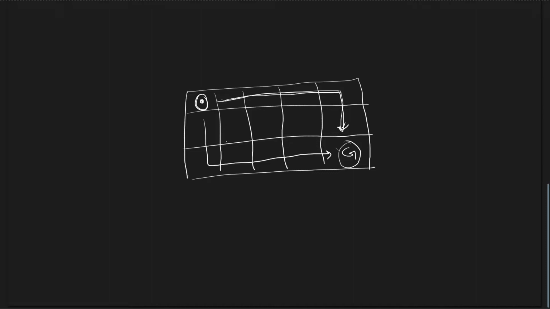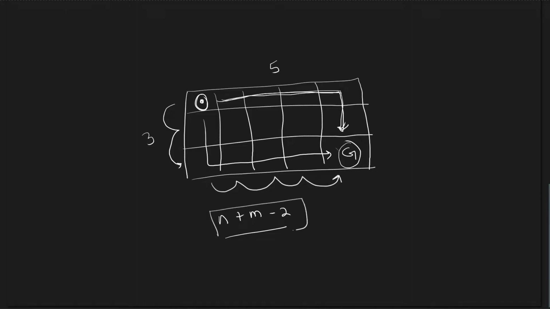If traveling across either of those paths is possible, then the answer would be n plus m minus 2. I don't need to explain this, because for example, for a 3 into 5 grid, in 2 steps you can reach here, and in 4 steps you can reach here, right? So it is always n plus m minus 2.